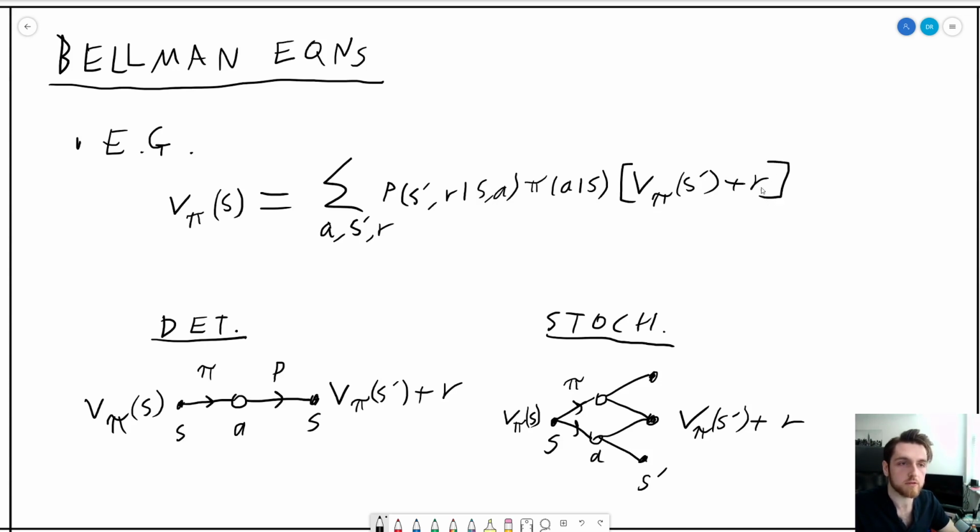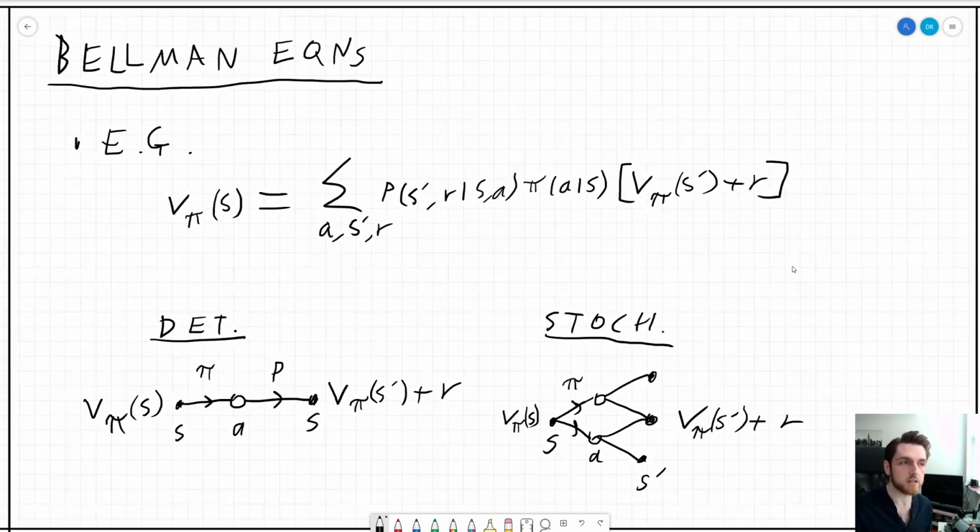So this is just relating values of the previous state to the value of the next state that you could end up in and the reward that you get in between. This will be useful later, but we're going to forget values for the time being.